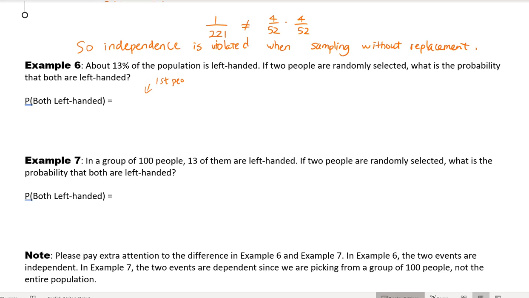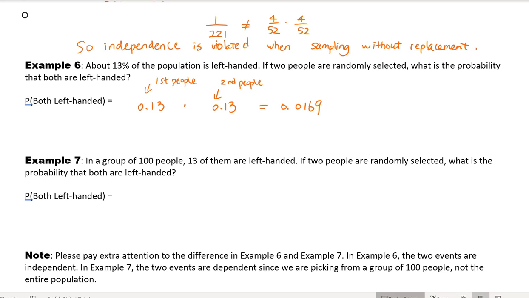The first person, the probability is 0.13, right? And also the second person, the probability is 0.13. So 0.13 times 0.13 is 0.0169.